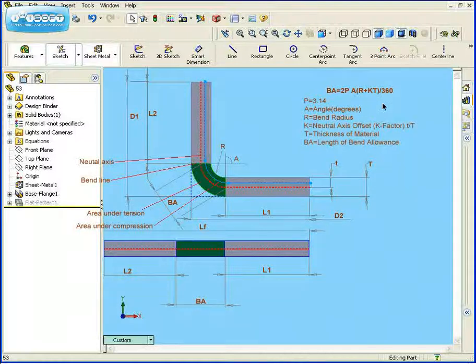Divide all of this by 360. In theory, the K-factor can be between 0 and 1, but for practical purposes, it's more like 0.25 to 0.5.